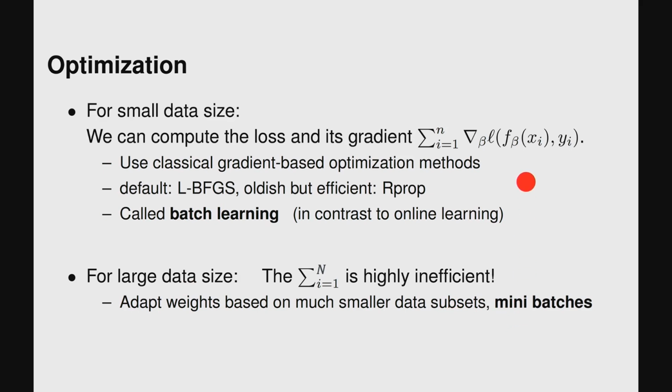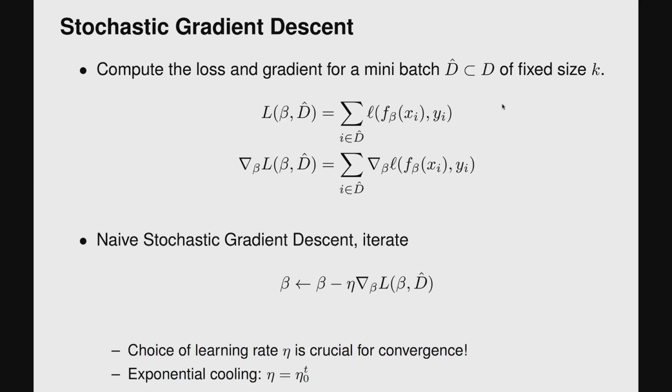You don't compute this loss globally for a particular parameter configuration, but just for a much smaller batch size of maybe 100 or 1,000 data examples. And this leads us to stochastic gradient descent. You take your very large data set and you sample data items. That brings you to a smaller batch size.